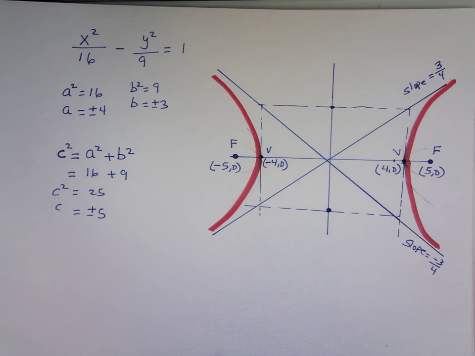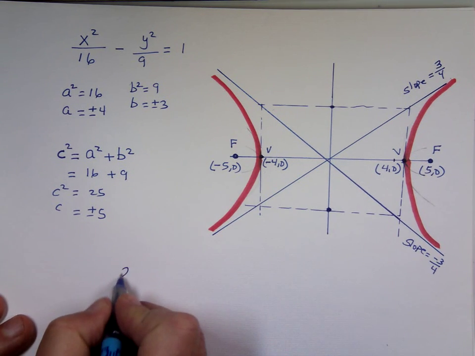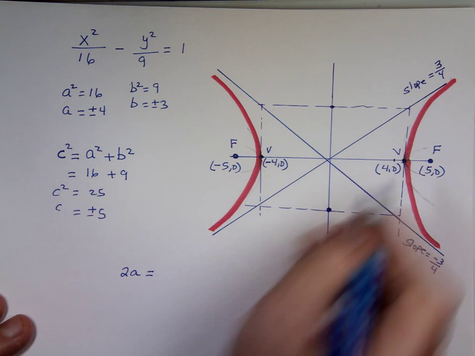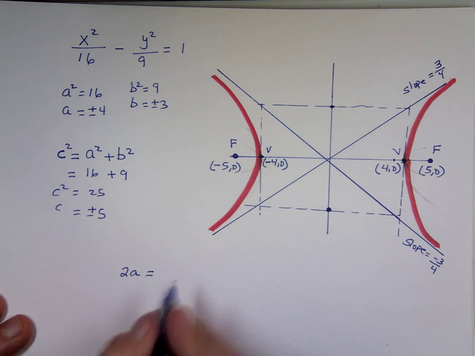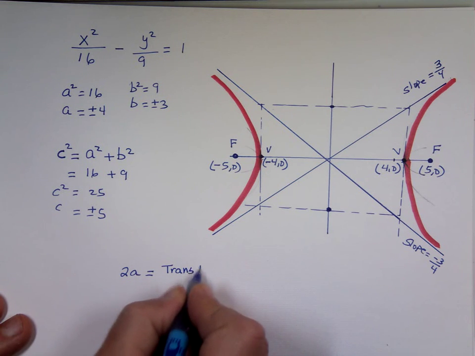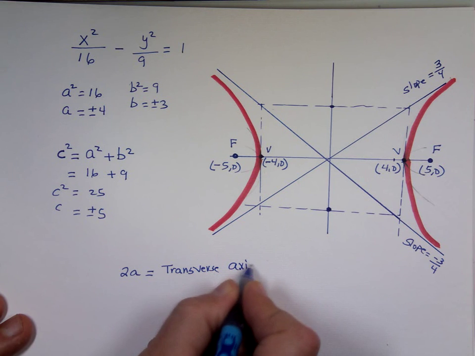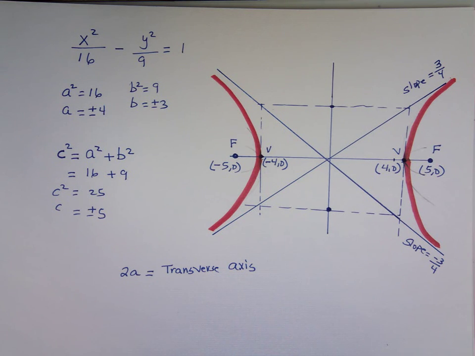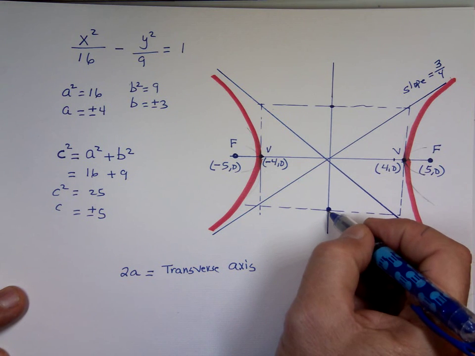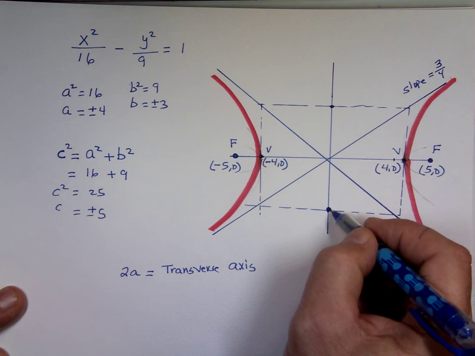Now the distance from the vertex to the vertex, which is twice A, that distance from here to there is known as the transverse axis. And the distance from this point to that point, from down here to there.